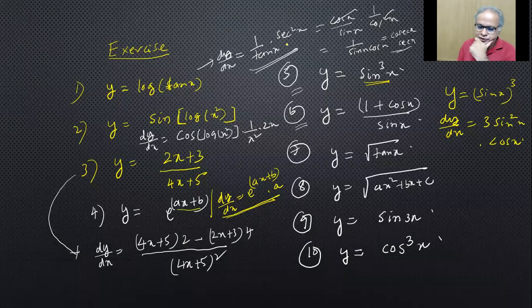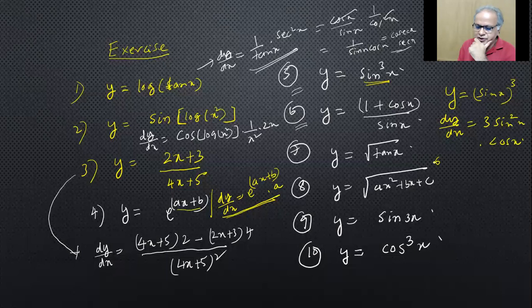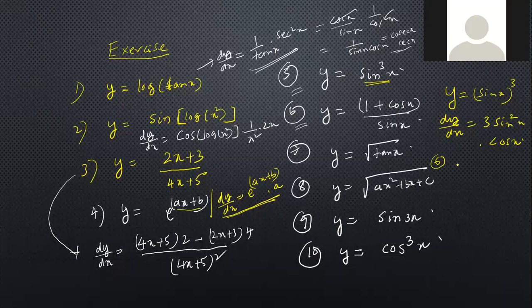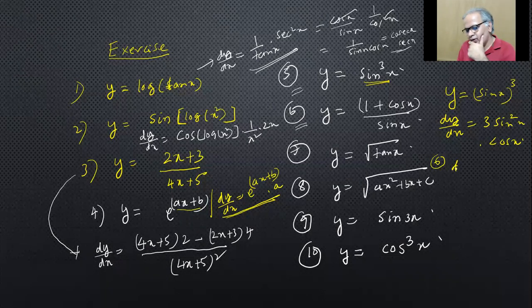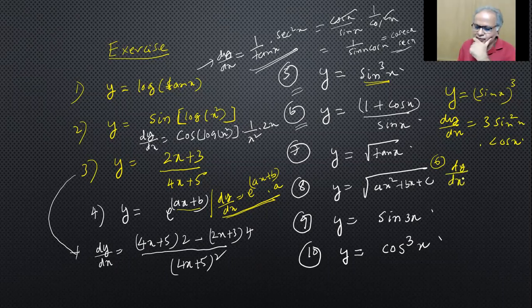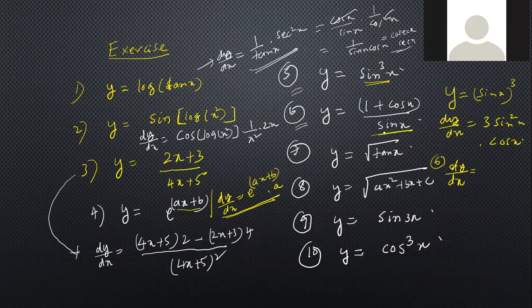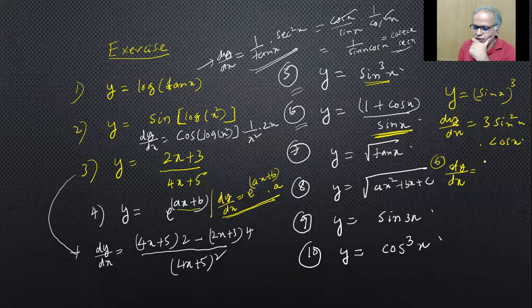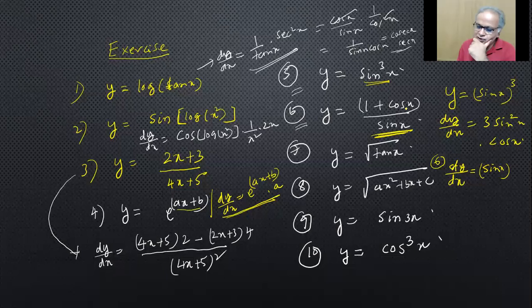Now, the sixth one: minus sine square x. Sohita, just a minute. dy by dx equals, tell me. Sohita is telling me: minus sine square x first, this one. Sin x into minus sin x, since the derivative of 1 plus cos x is minus sin x. That's correct.